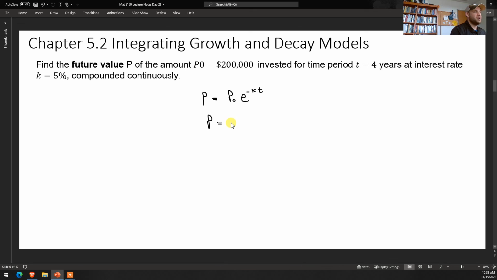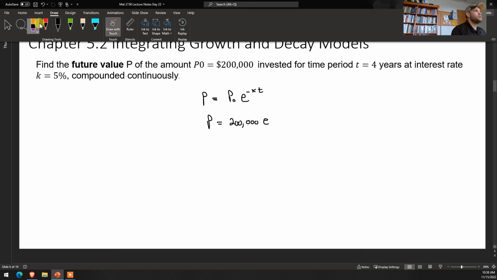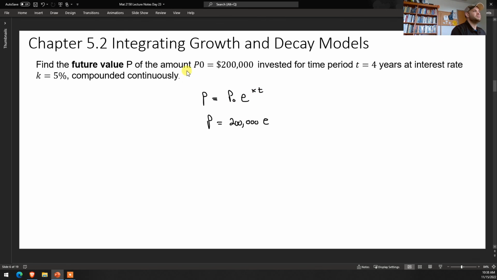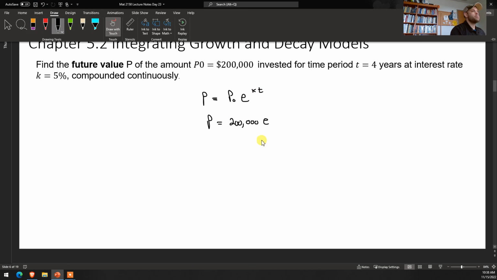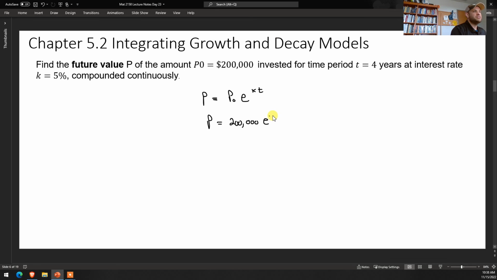So then our future value, if we started with the initial amount of 200,000, we have a growth model here, so this should be a positive kt. E raised to the interest rate, which is 5% written as a decimal, and then we multiply that by the amount of time, 4 years.